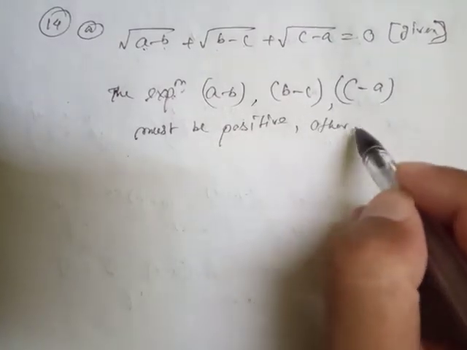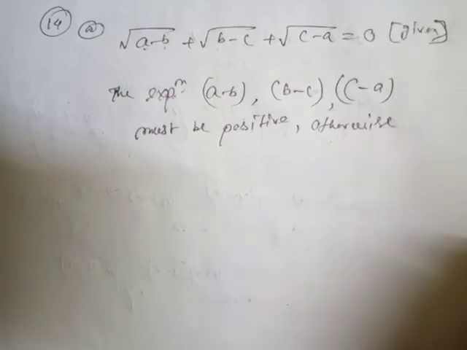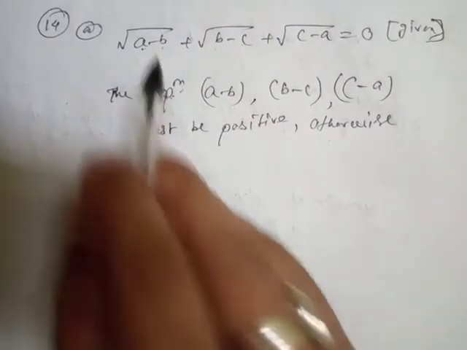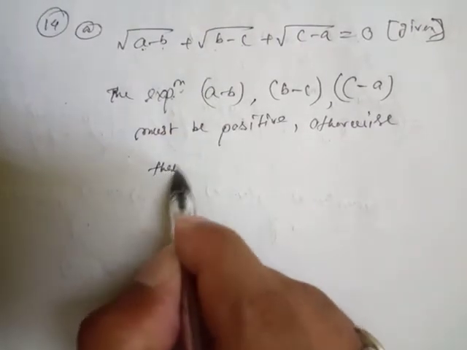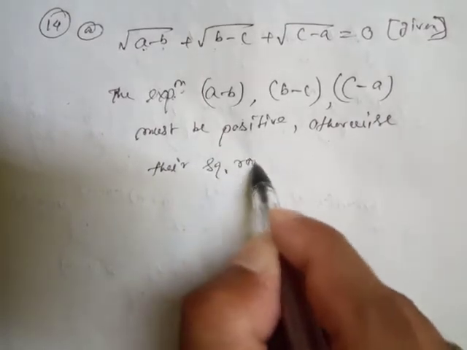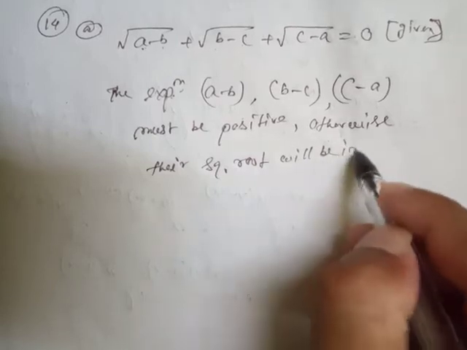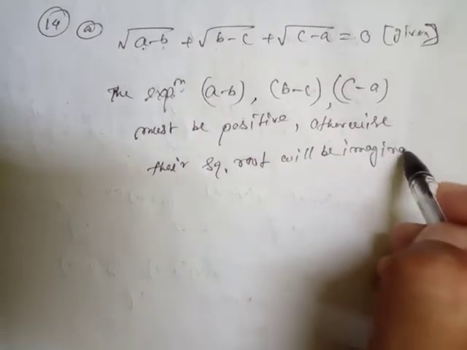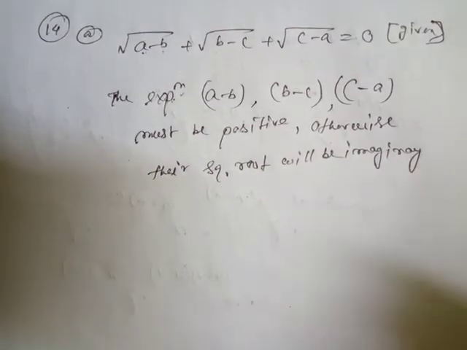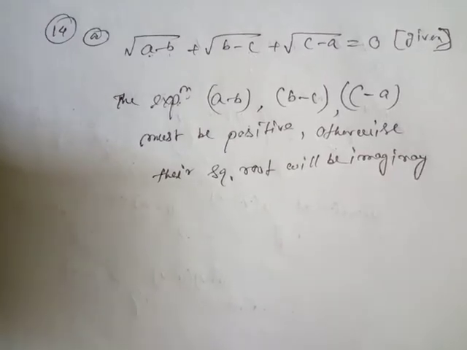Otherwise we can say that their square root will be imaginary. Imaginary means they are having a minus sign inside the root.